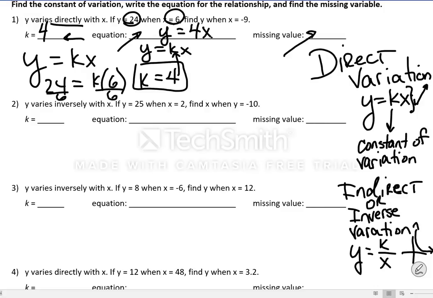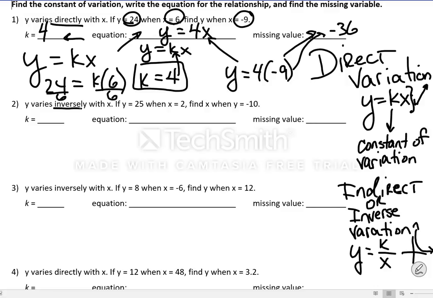Now I'm going to find the missing value. Using the equation I just wrote, I substitute the -9 in for x to find the missing value of y. It's 4 times -9, which gives me -36. And that is how you do a direct variation equation, the k value, and the missing value.